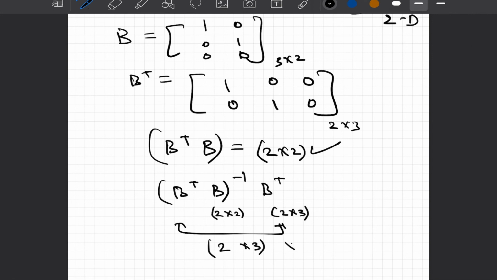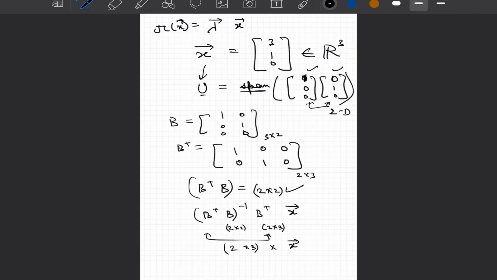When we multiply it by the vector x, which is our original vector that we want to project, of dimension 3 cross 1 as it belongs to R cube, our output comes out to be of size 2 cross 1, and hence we can project a vector which was in a three-dimensional vector space to a two-dimensional subspace.